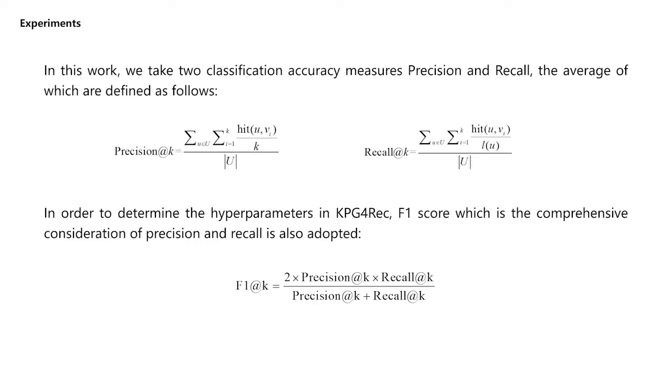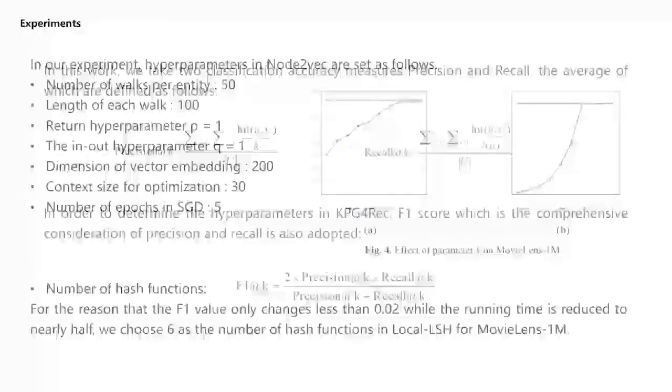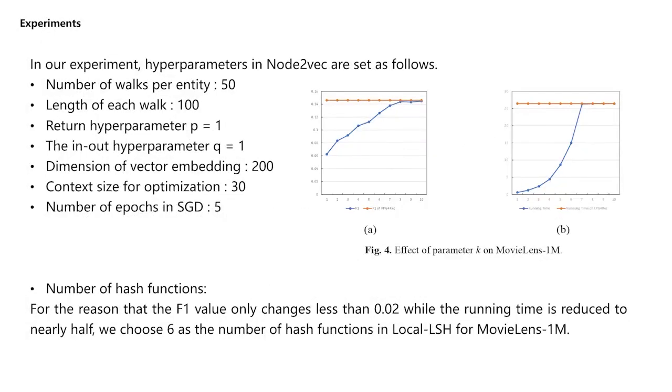In this work, we take two classification accuracy measures, precision and recall, in order to determine the hyperparameters in KPG4Rec. F1 score, which is a comprehensive consideration of precision and recall, is also adopted. In our experiment, hyperparameters in node2vec are set as follows.